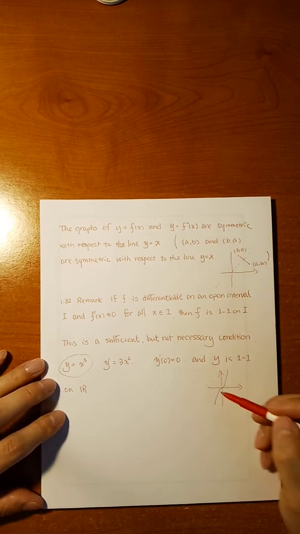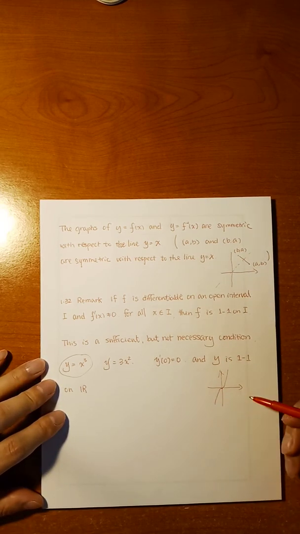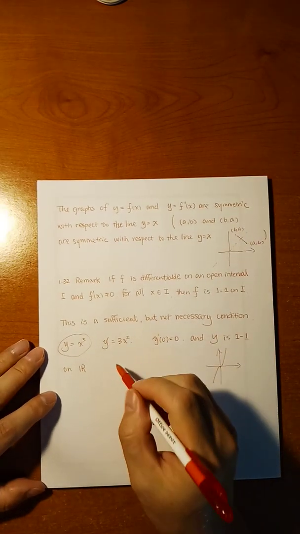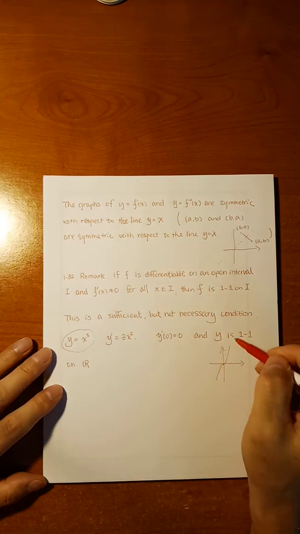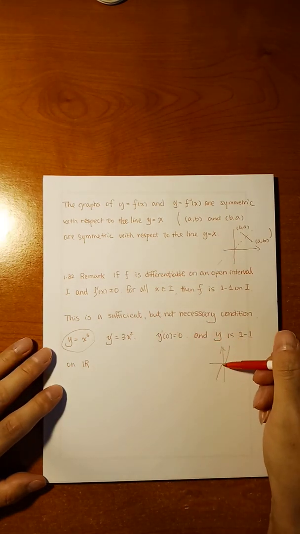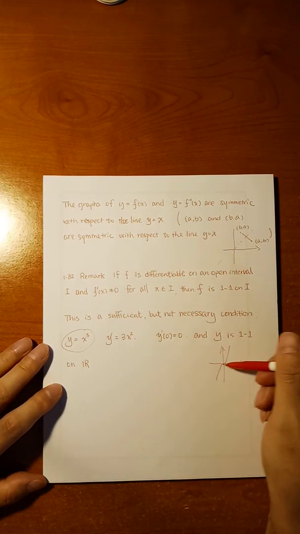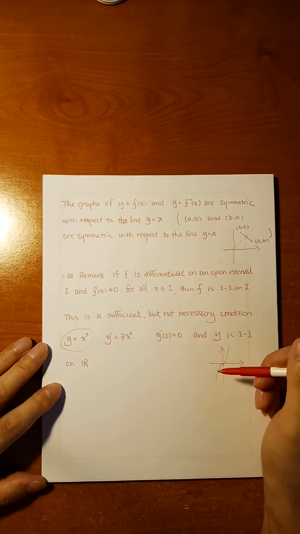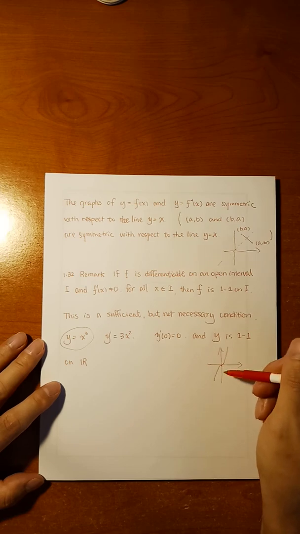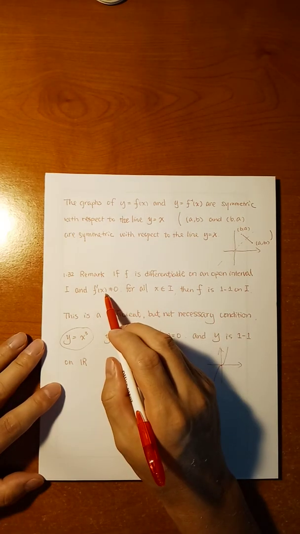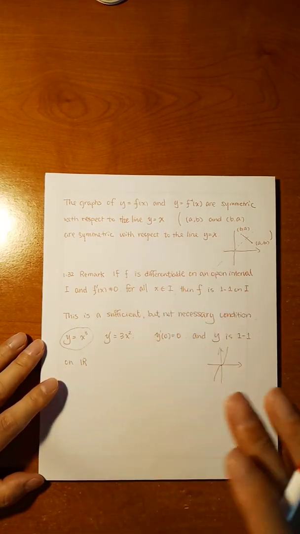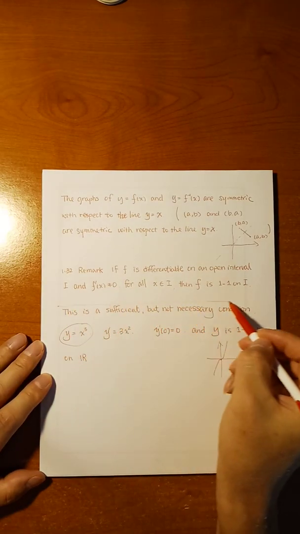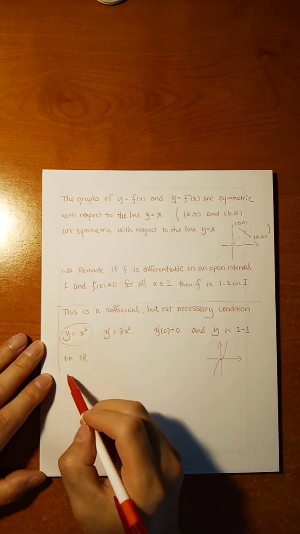So it is always one-to-one, but at this point, it has a horizontal tangent. So this implies sometimes you have a one-to-one differentiable function, and it's possible to have a zero derivative. It's not impossible, but if it does not have a zero derivative, then definitely it's one-to-one. Okay, so this is a remark about the remark.